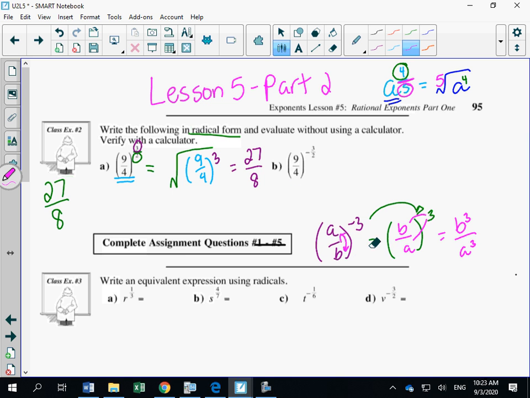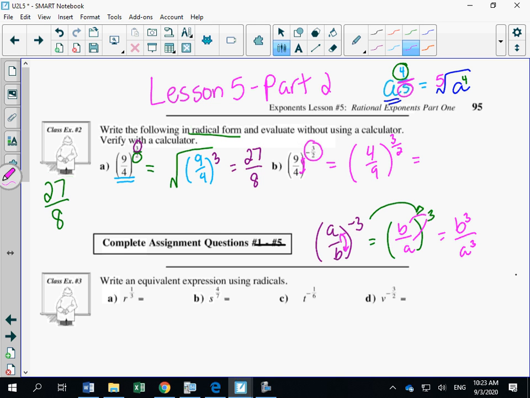So applying the concept that I just showed you, let's get rid of that -3/2 and let's write that with a positive exponent. So to go from -3/2 to +3/2, you need to simply take the reciprocal of this. So 9/4 becomes 4/9. Then they want it written as a radical.